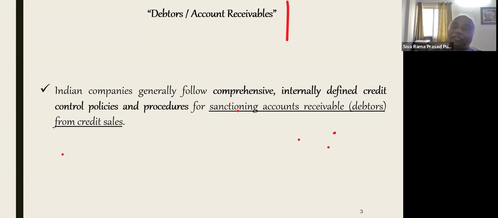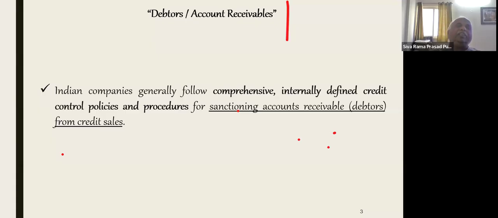So here, Indian companies generally follow comprehensive, internally defined credit control policy. They are giving credit. All cash sales is not possible in all companies. Cosmetics, oil companies, or particularly pharma companies. Take pharma, for example. They are manufacturing tablets, and if they are not giving any credit to the buyers, that is dealers or wholesalers, the products will not move.